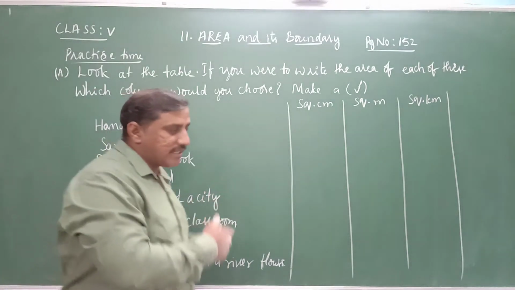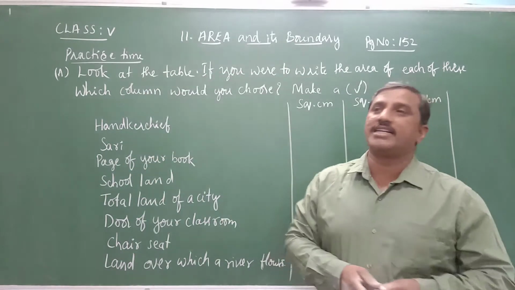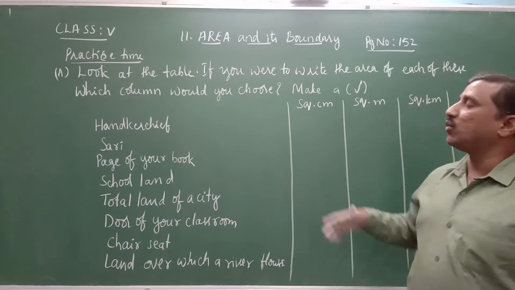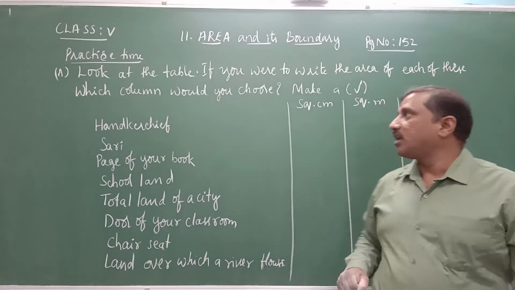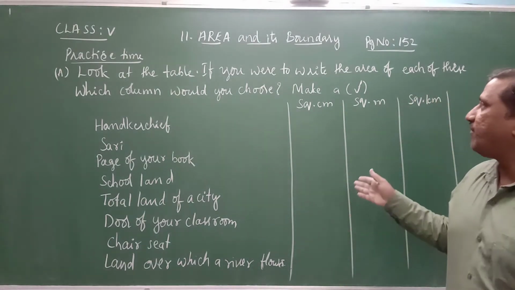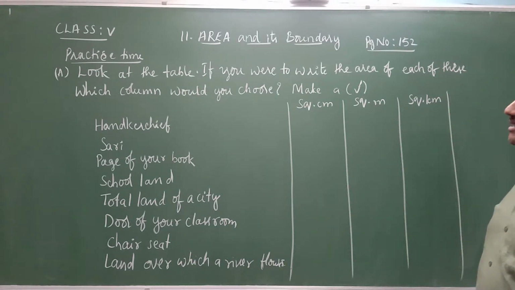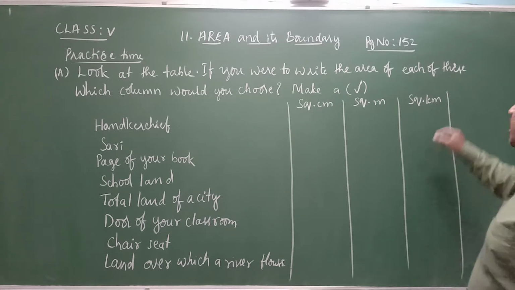Now we will continue the same chapter, Area and its Boundary, the 11th chapter. On page number 152 we have practice time. Look at the table. If you are to write the area of each of these, which column would you choose? Make a tick mark.